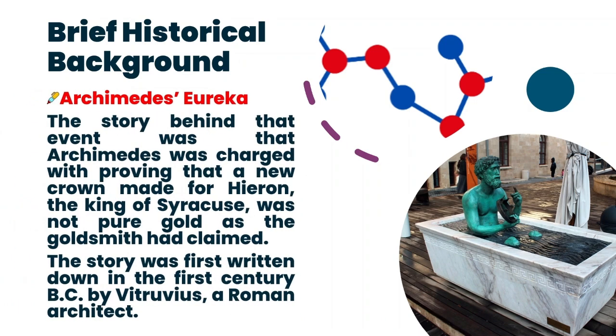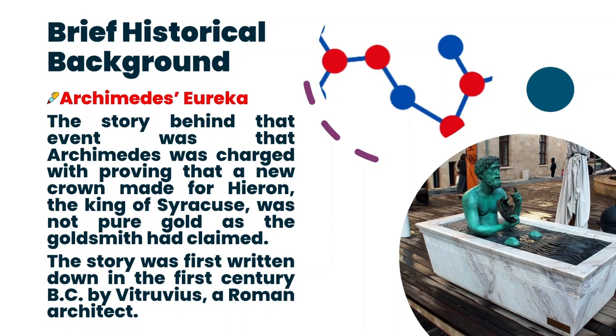Stories of testing gold don't end in Egypt and Babylon. One of the most famous comes from ancient Greece, the story of Archimedes' Eureka. I know you're familiar with that expression. Imagine this. King Hiero of Syracuse suspected that his new crown wasn't pure gold, and he challenged Archimedes to prove it.